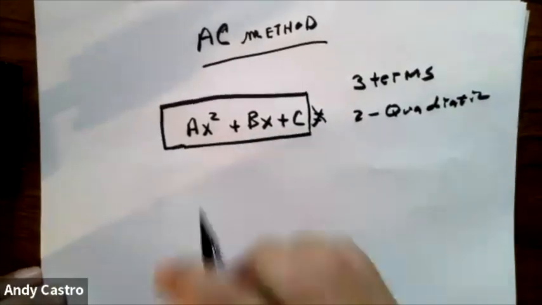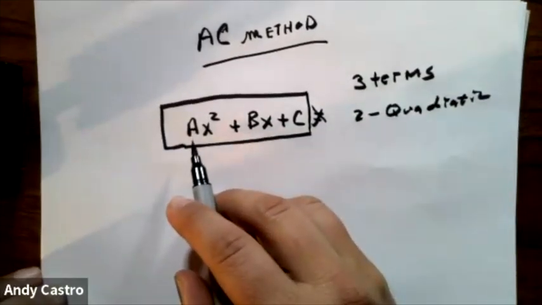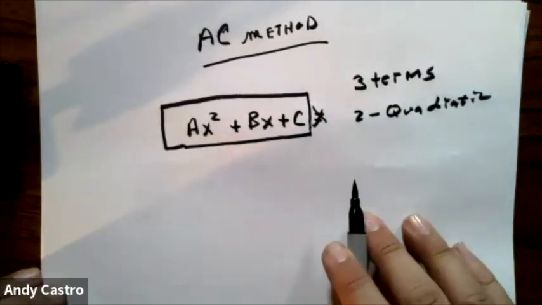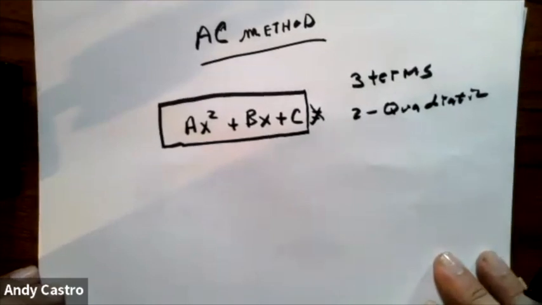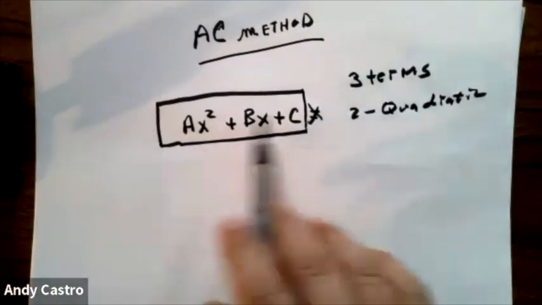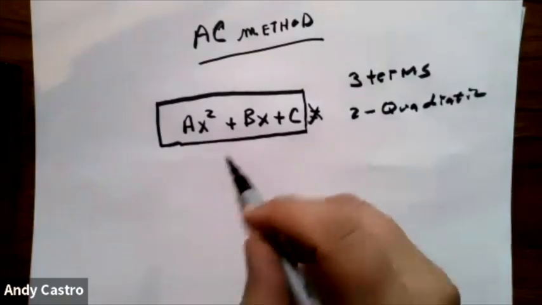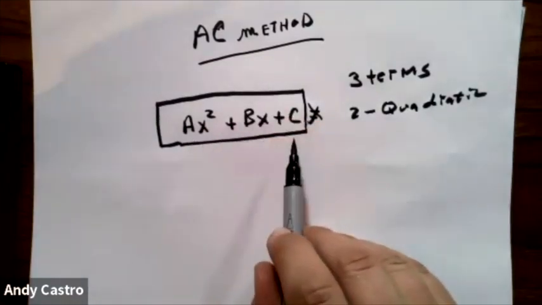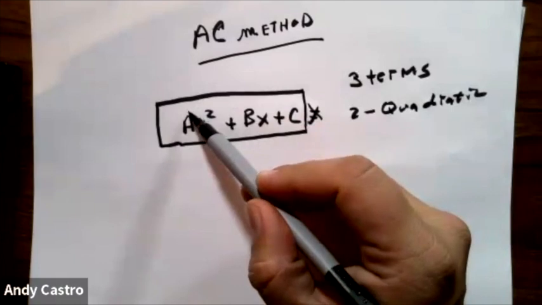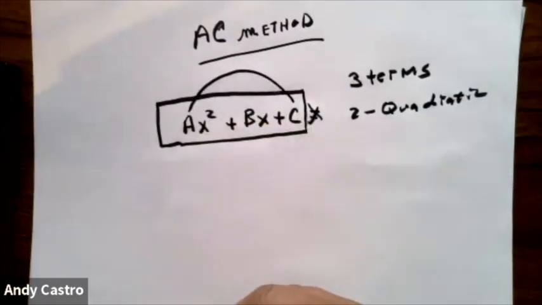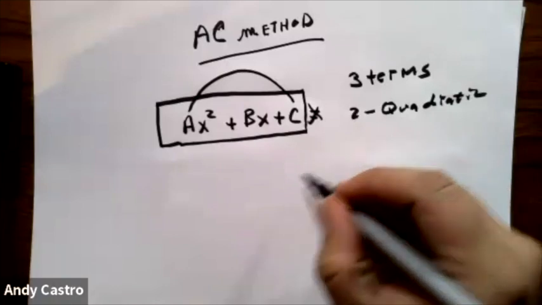And last time we looked at when our leading coefficient is 1, we worked through a method on how we could derive the expression being factored. So here, for the AC method, we're going to multiply A times C, and that's going to give us a number.